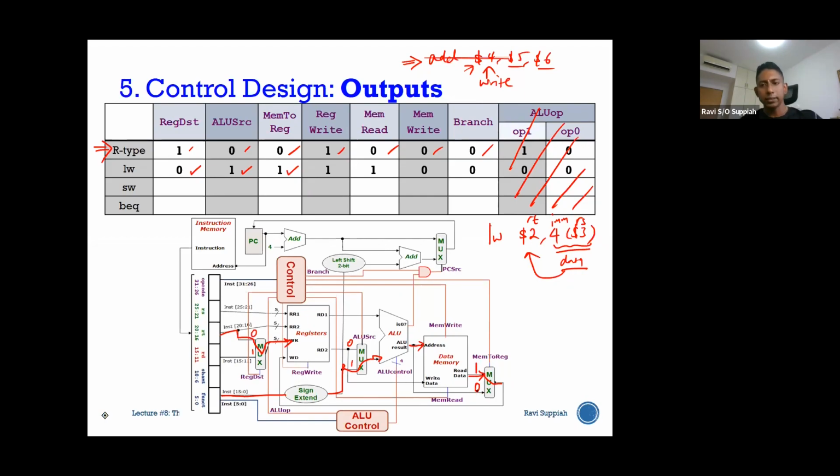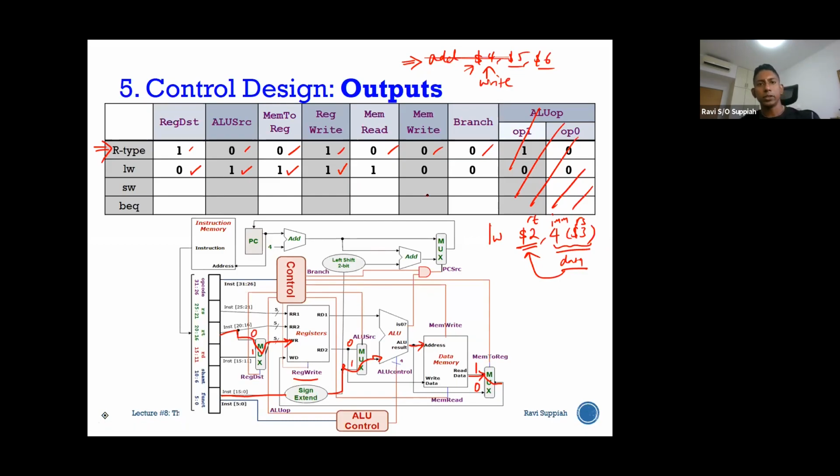Since a load word instruction requires you to update a register, because we are going to write back to a register at the end of the instruction, this register write must be 1. So you're telling the processor that you are going to update the register at the end of the instruction.